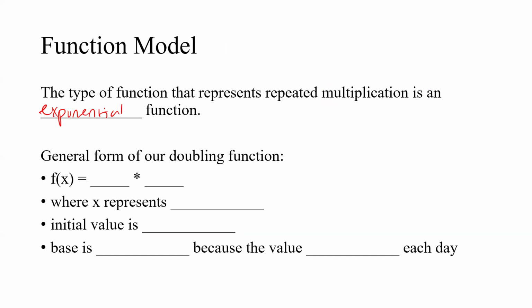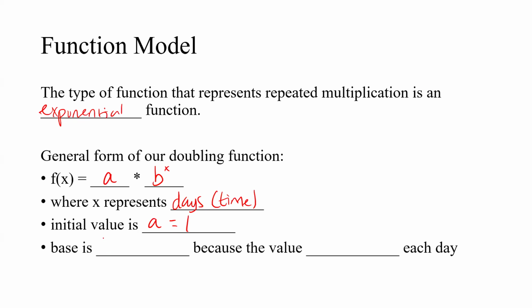The general form of our doubling function is based off of that: f of x equals a times b to the x, where x represents your days. X is always typically some form of time, right? Your initial value is your a, and for this problem, a equals 1.